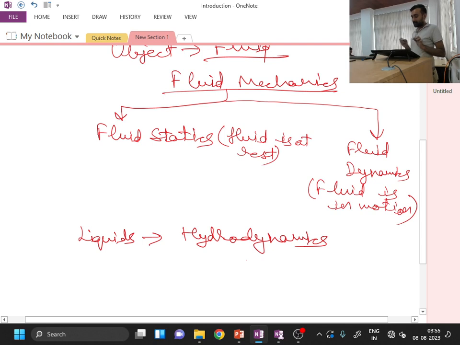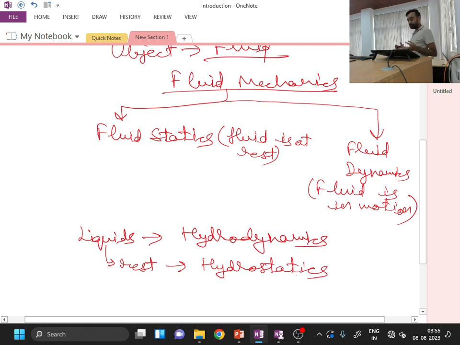hydrodynamics. When I am considering that it is only liquid, but liquid is also at rest, then I will be calling it as hydrostatics. Is this one clear? So what I am trying to say is, apart from the very generic categorization which is fluid statics and fluid dynamics, there are other categorizations of fluid mechanics which are based on different criteria.